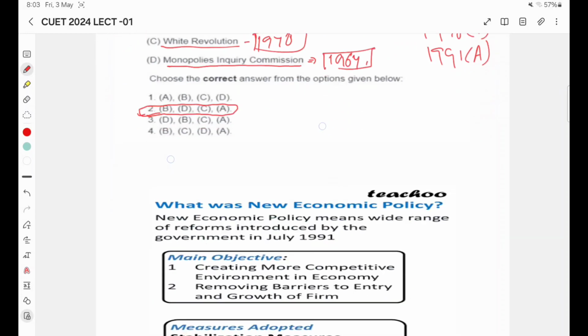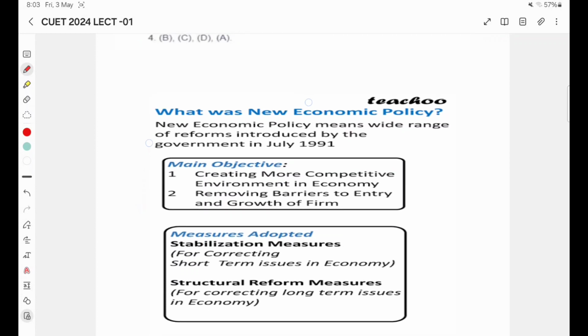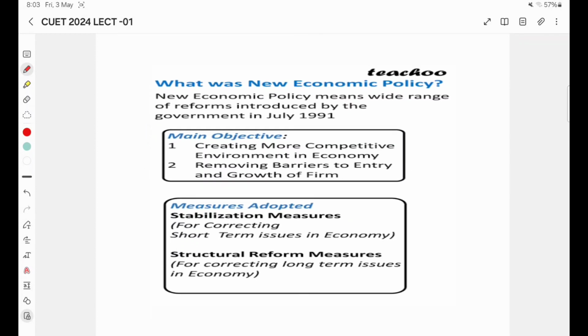I have already given you in a sequencing manner what the new economic policy is. It was introduced in the year 1991, in the month of July, 24 July 1991, at that time the Prime Minister was P.V. Narasimha Rao and the Finance Minister was Manmohan Singh.